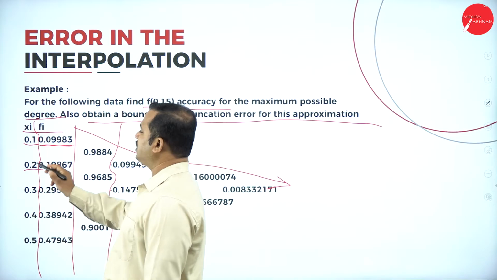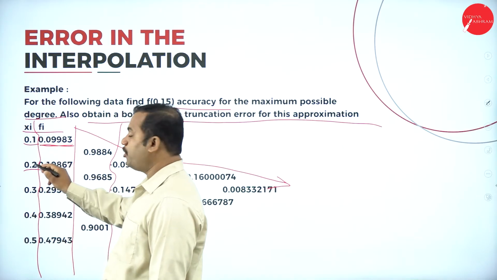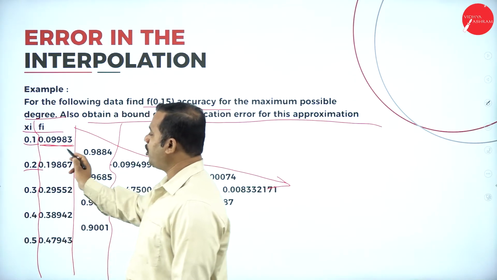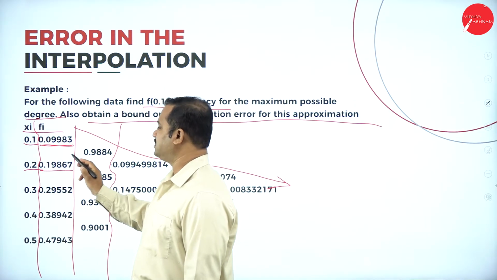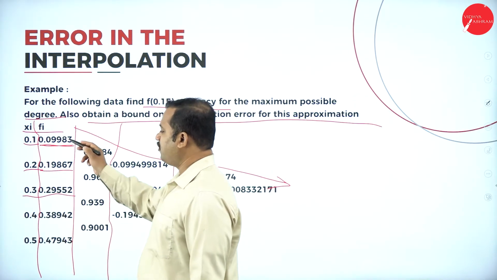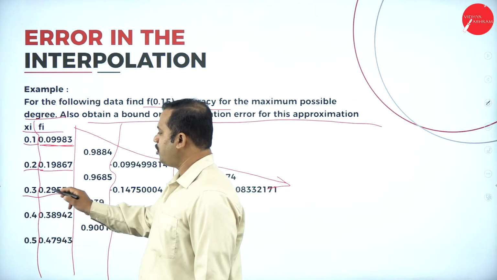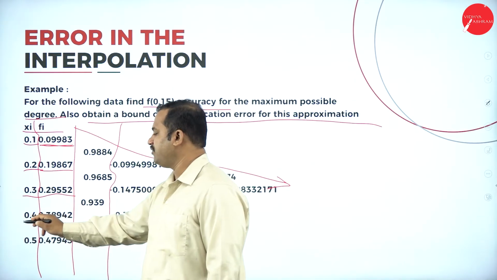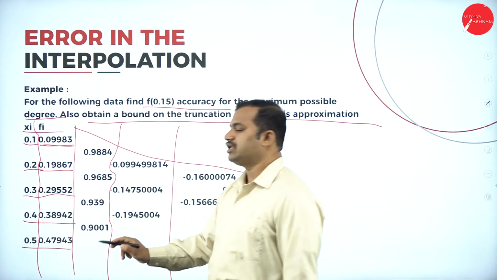Then when xi equals 0.2, what is f of 0.2? It is 0.19867. When xi equals 0.3, f of 0.3 is 0.29552. Similarly, we have all these terms here, which is the given data.